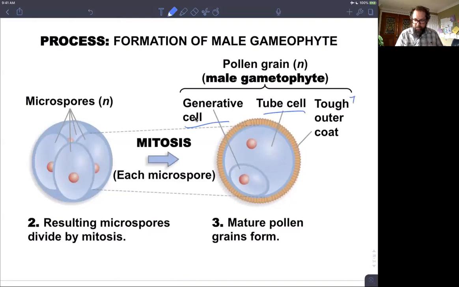These are all surrounded by the spore wall, this tough sporopollenin-impregnated spore wall, and that's a mature gametophyte. So the mature male gametophyte here has two cells, the generative cell and the tube cell, and those are all surrounded by the tough outer coat of that spore wall.